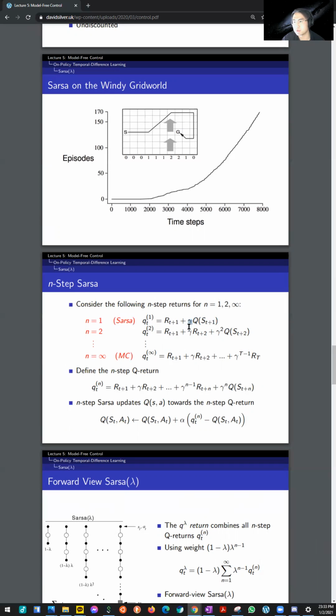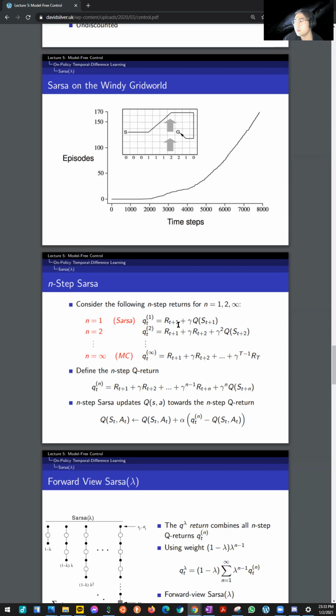This is an estimation. This could be completely wrong. In the beginning, we just randomly initialize the Q values for all states to some value, which could be 0 or whatever. But this R comes from the real interaction, which keeps this algorithm grounded to the truth of this MDP.